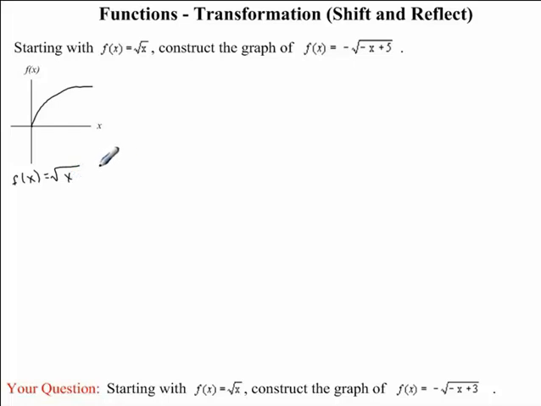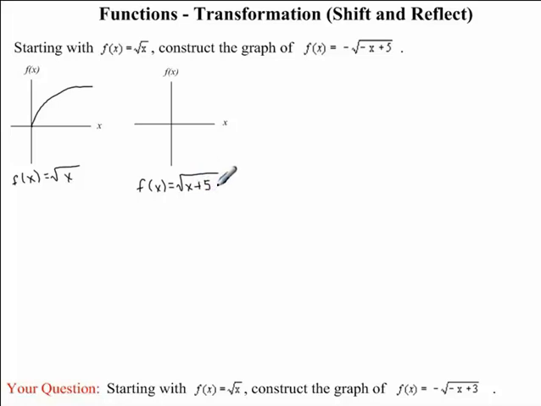Now from this graph, we're going to apply our first transformation. The first transformation we'll be focusing on is this plus 5 here. So we will have to draw a second graph. Our second graph will be titled f of x equal to the square root of x plus 5.